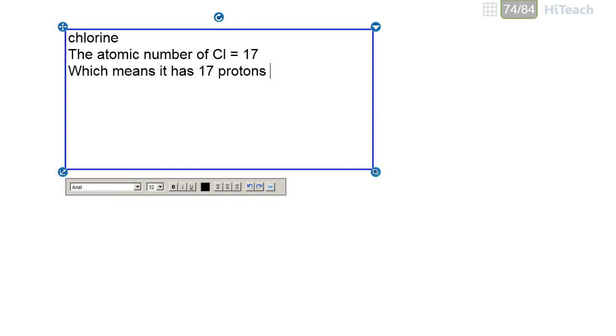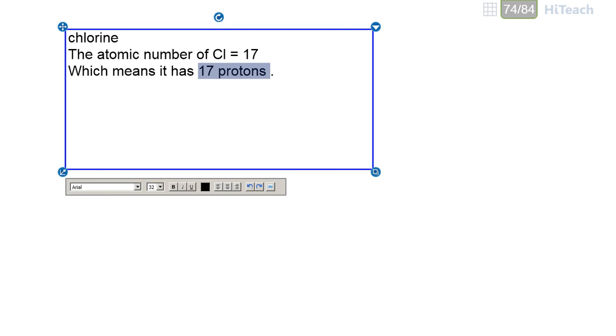Okay? But here, all chlorine atoms all over the world, any chlorine atom that you find or you can hear about, all of them have 17 protons. The atomic number of it is 17.